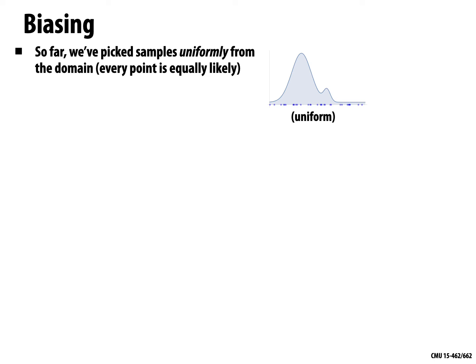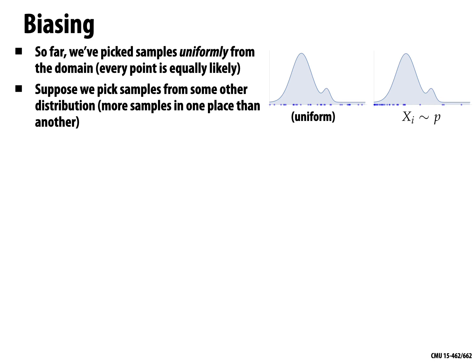Okay? Now suppose we play a little game. Suppose that we pick samples from some other distribution other than the uniform distribution. So we're going to now concentrate our sample points more in one part of the domain than another. So we might say that our random variable x is sampled from a distribution P.